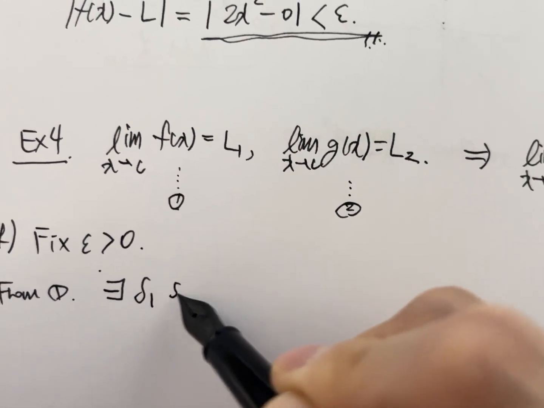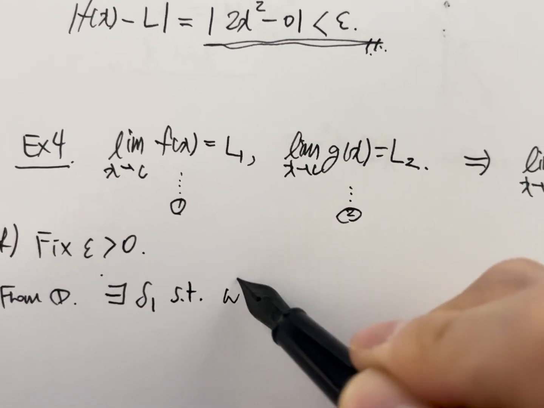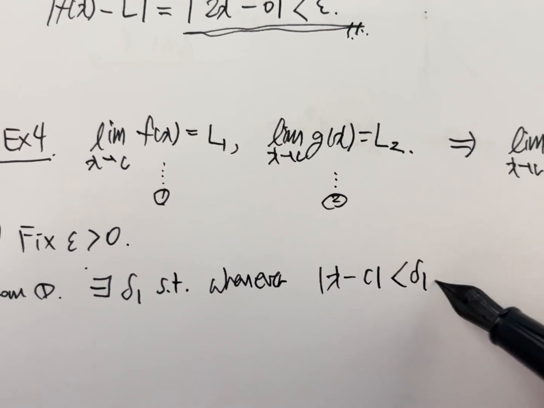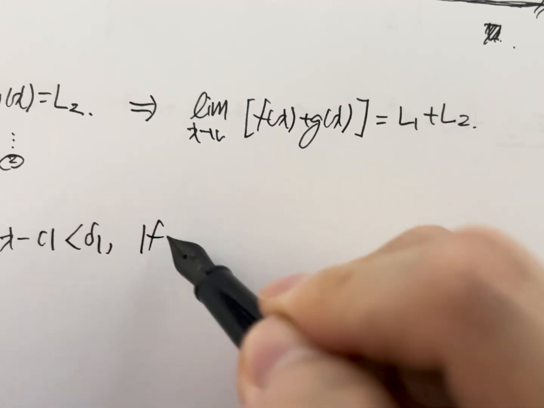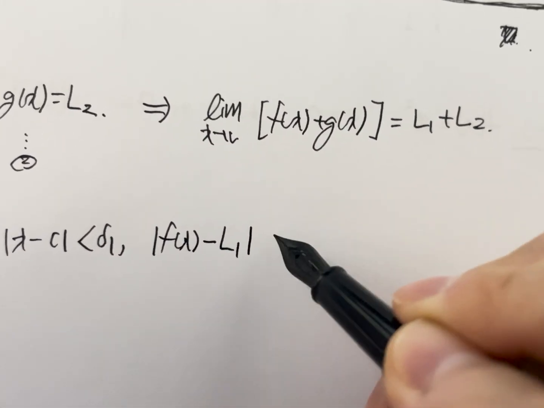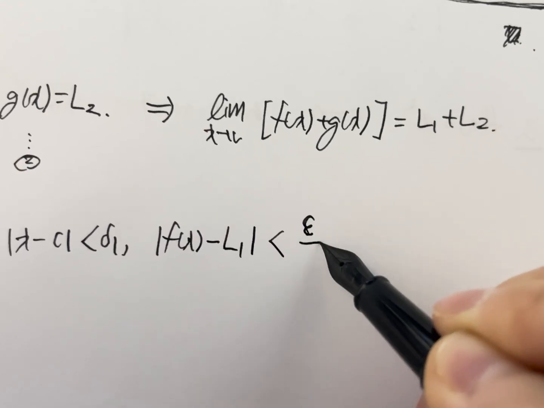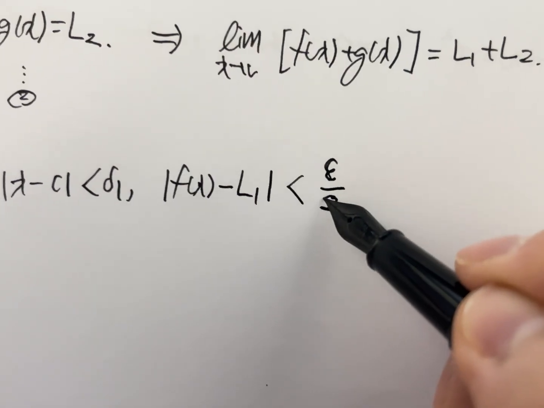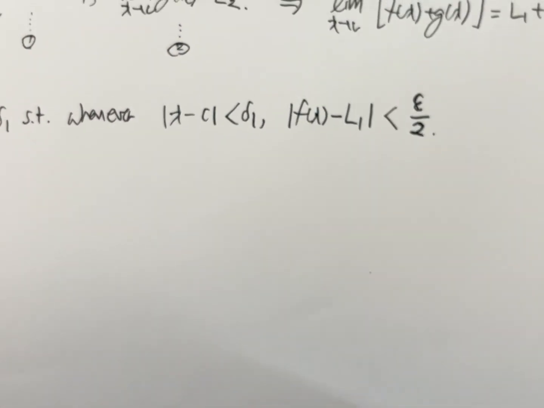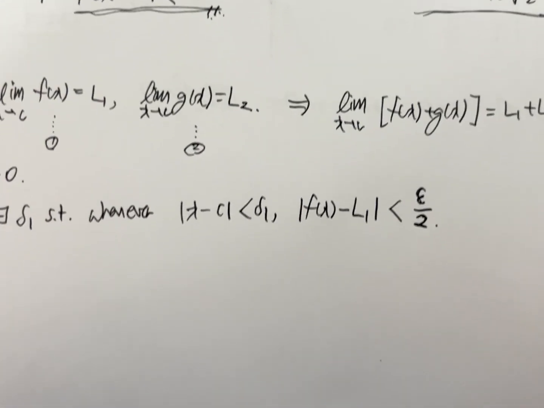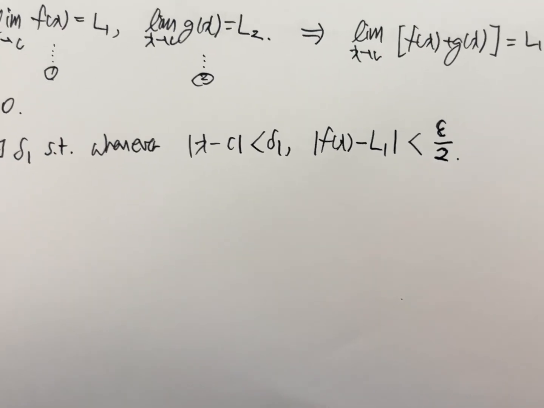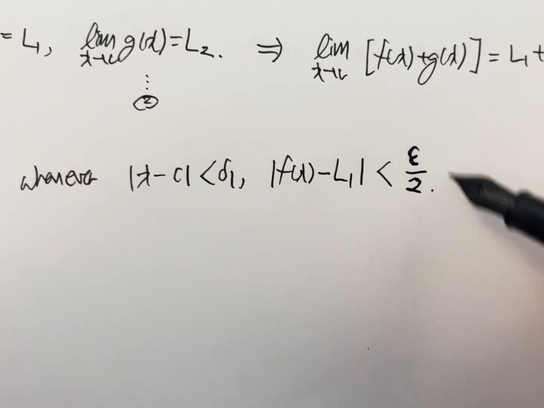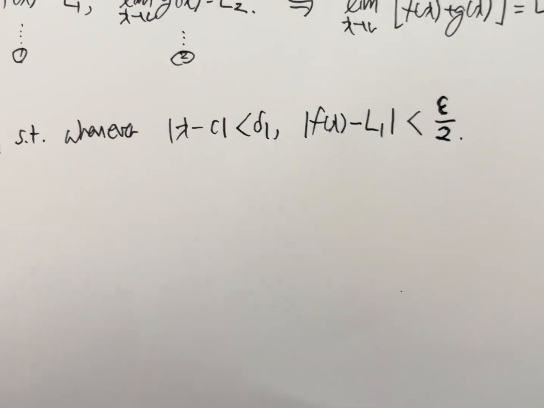There is delta 1 such that whenever... you may be surprised by this too, but we don't have any problem because the definition says that for every small epsilon, this value is an arbitrarily small number, so we don't have any problem.